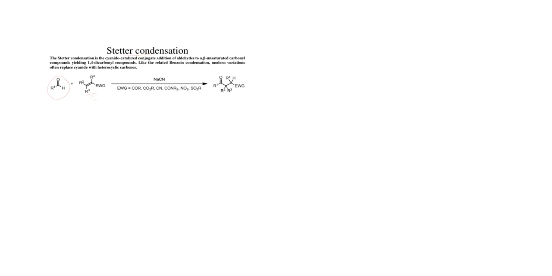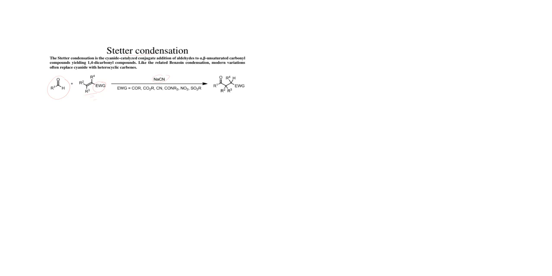In the case of Stetter reaction, an aldehyde reacts with an alpha beta unsaturated carbonyl functionality, where the electron withdrawing group may be a carbonyl functionality, a cyano group, or another electron withdrawing group like nitro and sulfone. In this case, sodium cyanide is also used in catalytic amount, just like in the benzoin condensation reaction.